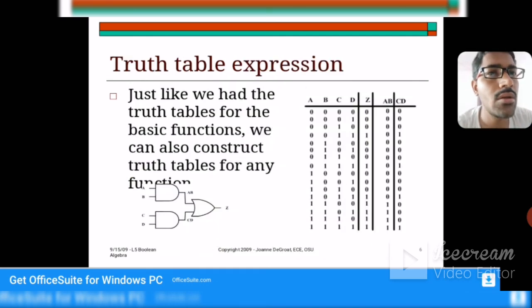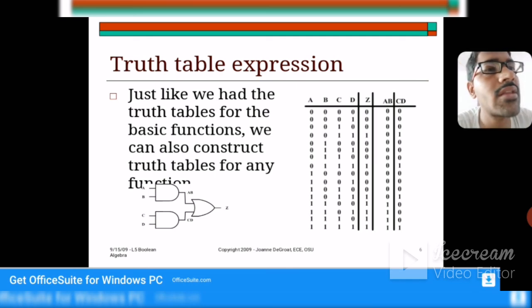Truth table. Boolean expressions can also be examined or analyzed through truth tables. The output of a Boolean expression can be predicted from the truth table, and the processing of the expression can be done through it.